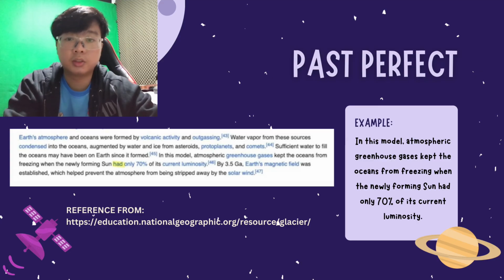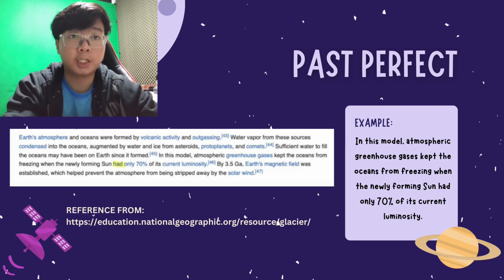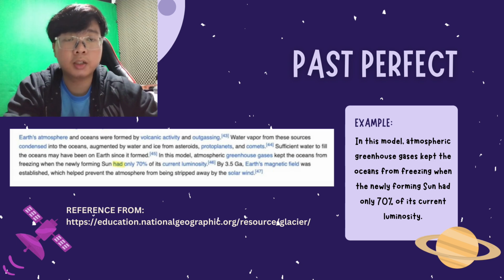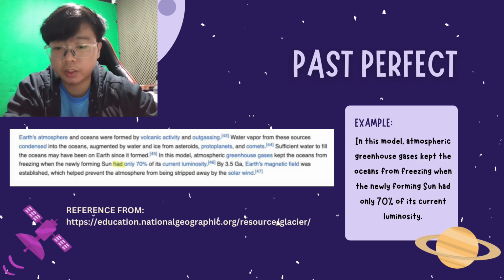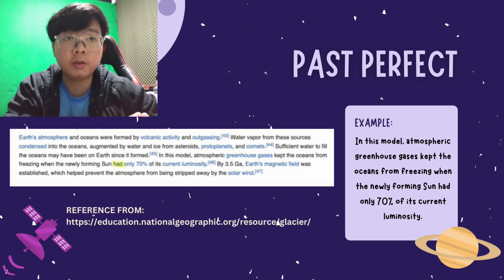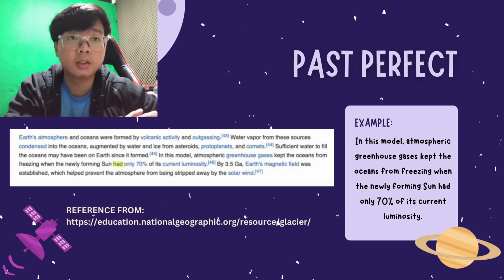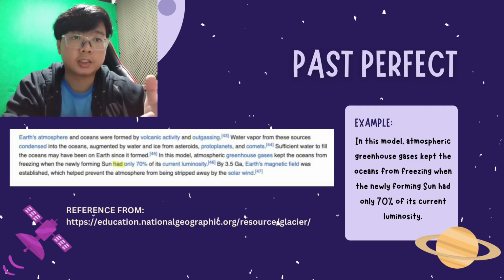Okay, so next is past perfect. For past perfect, I took the article reference from the National Geographic Education, which is the resource for glacier. In this article, I found the example that is used for the past perfect was had, which is the past.